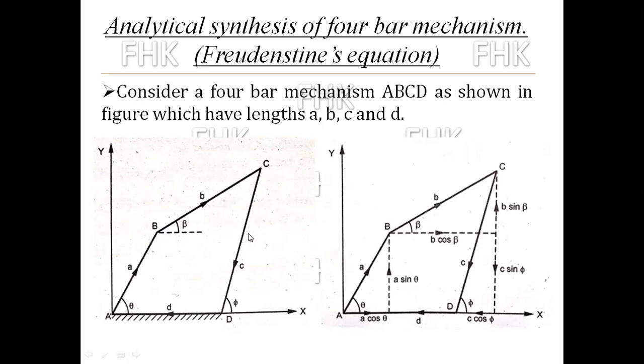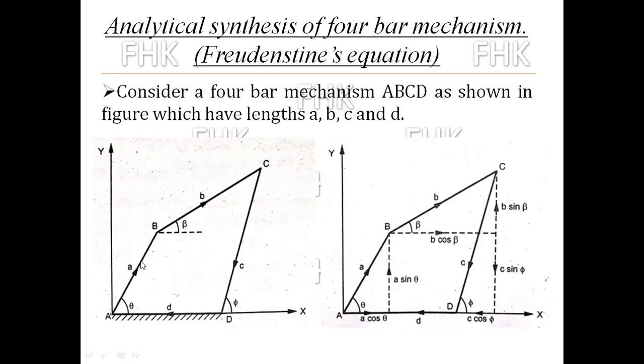Output link CD is making angle phi with the fixed link. AD is not making an angle as it is a horizontal link. As it is a fixed link, it is not moving, so it is not making an angle. It is making angle 0 with the x-axis.